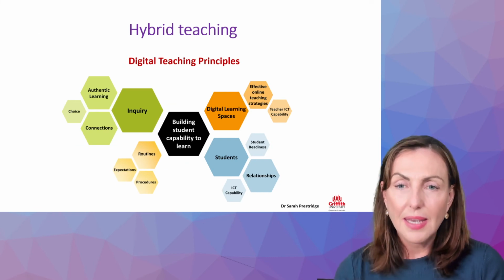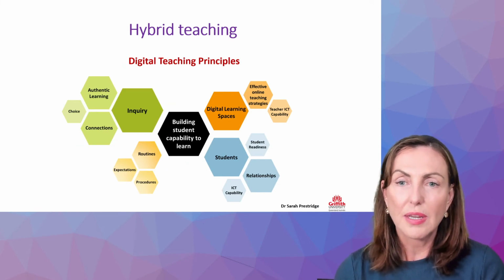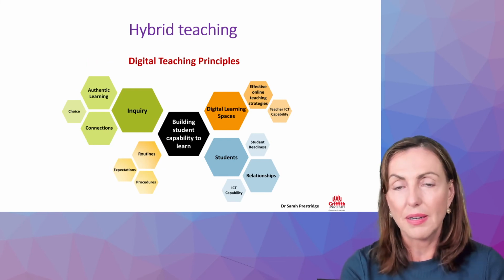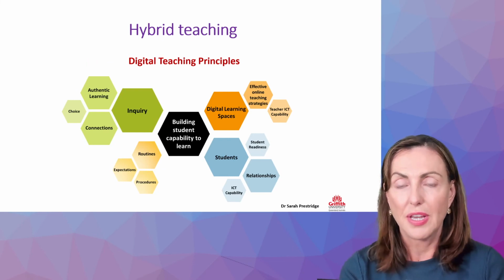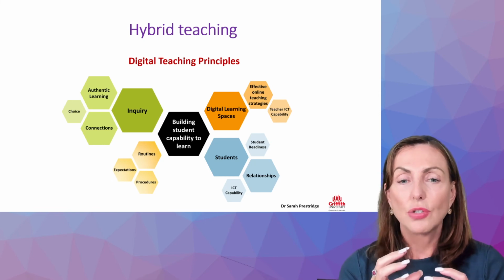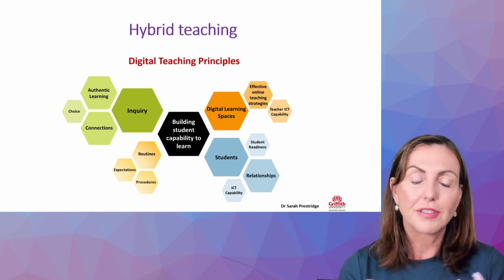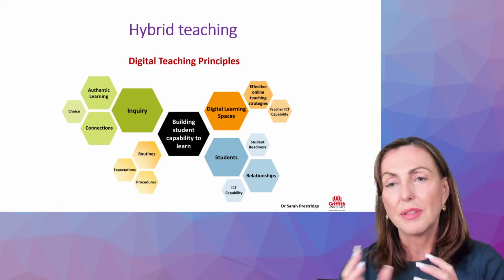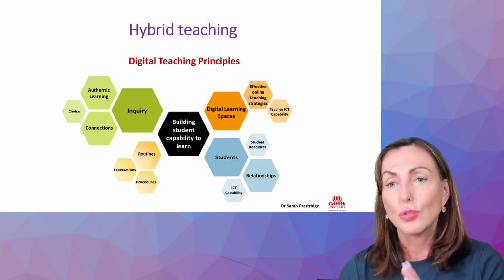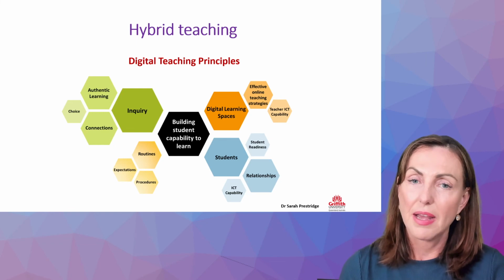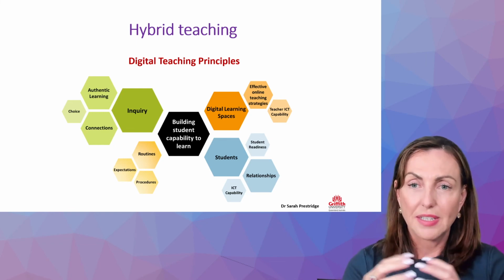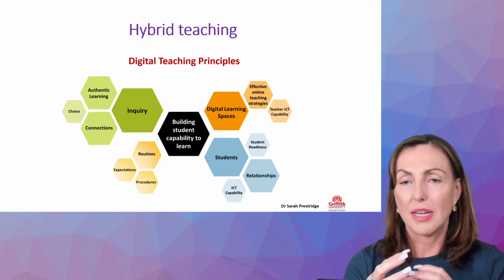So one of the key capabilities of working in this hybrid mode is to build students' capability to learn in the online space. We often think students are familiar with these social mediated spaces and online spaces, but they're familiar in a social manner, not in a learning manner. And we have to get students in these online spaces working together, so that's student-to-student engagement.